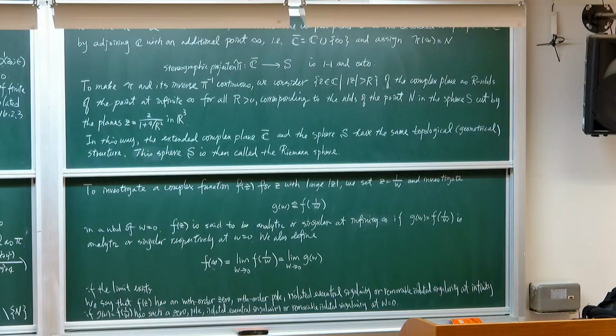As we see, when the magnitude of z goes to infinity, or when the magnitude of z is big, you can see the value becomes quite small. So to investigate the behavior of the function at infinity, we consider g of w. So this becomes the square of w.